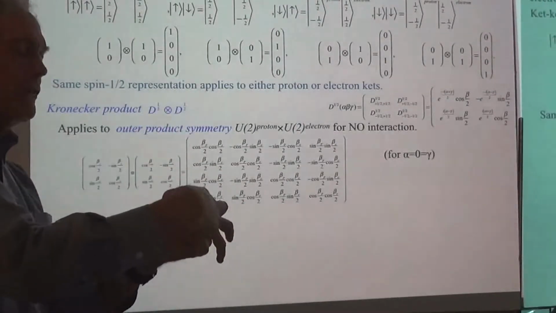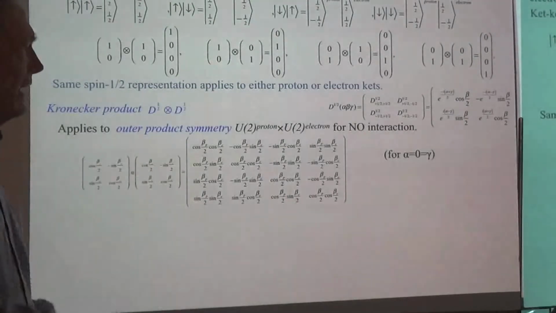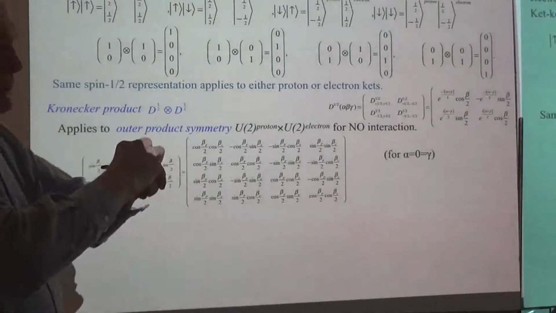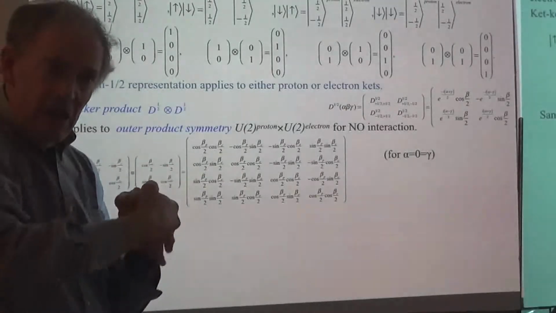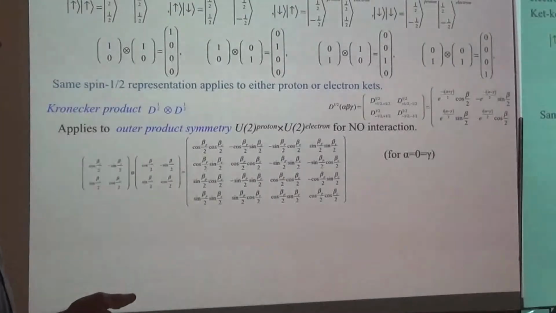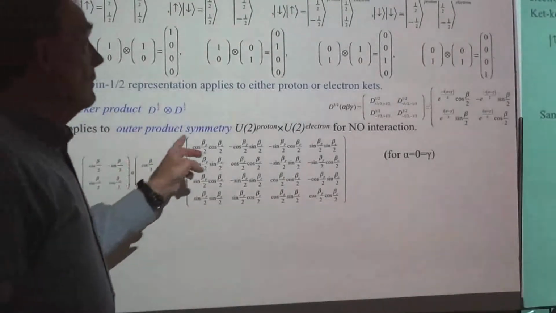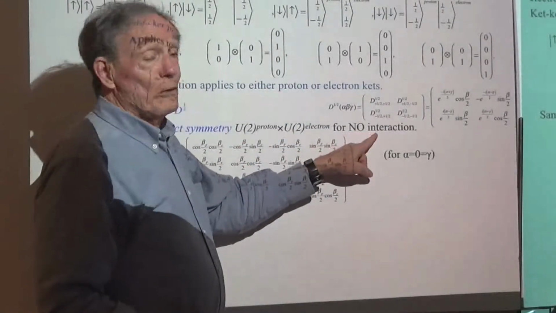So the proton is kind of in the middle being swallowed by the electron, and those two are going to be independently rotating if you imagine that this system had a symmetry that allowed them to rotate independently. But that would only be true if you had no interaction between them.